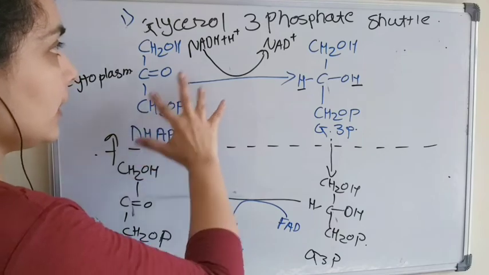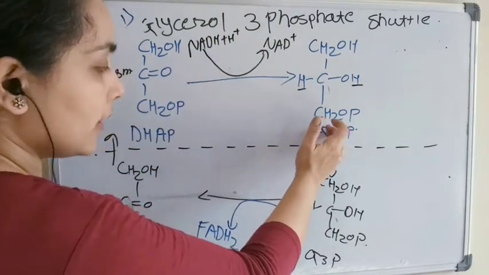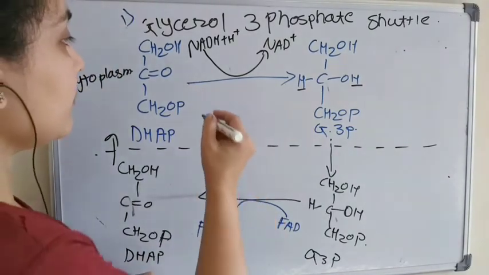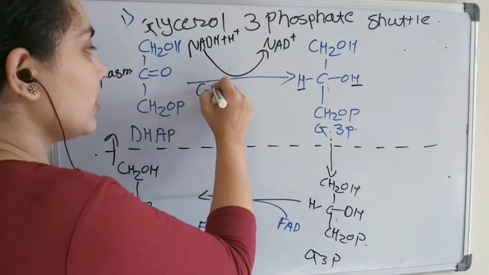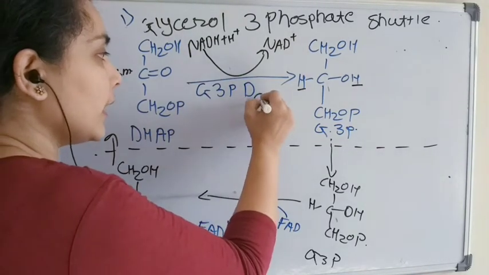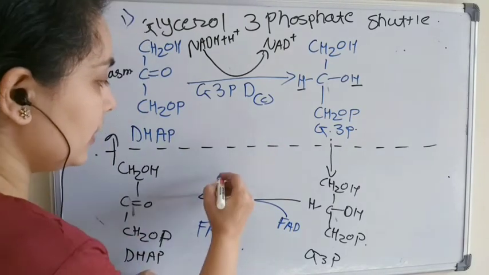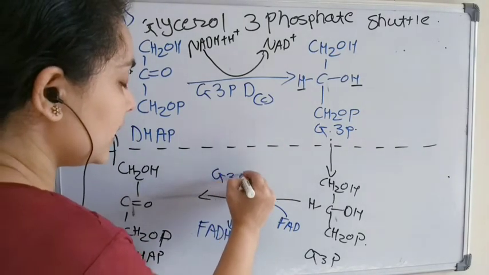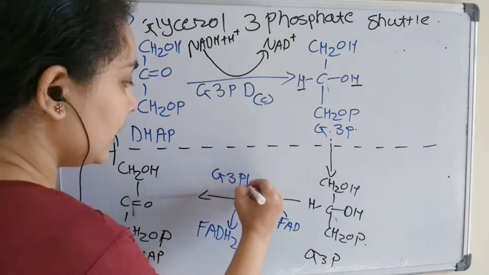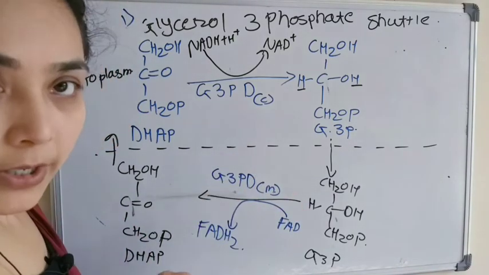Dihydroxyacetone phosphate will accept the electron and will convert to glycerol 3-phosphate, and the enzyme present here is glycerol 3-phosphate dehydrogenase. We will write C because this is a cytosolic enzyme, and here again the enzyme is glycerol 3-phosphate dehydrogenase, but we will write here M because this is mitochondrial.